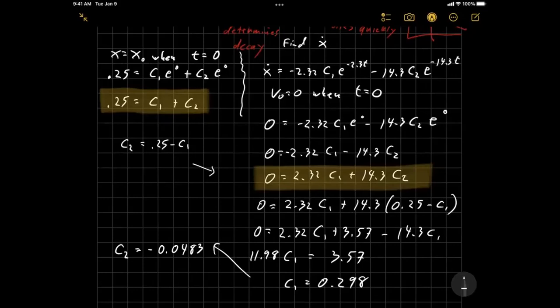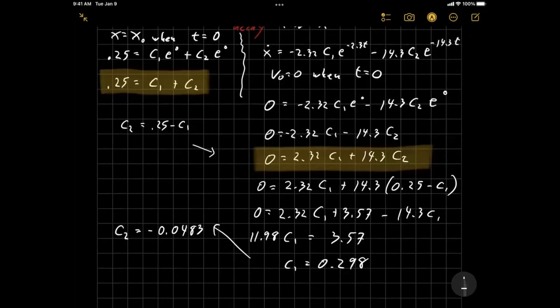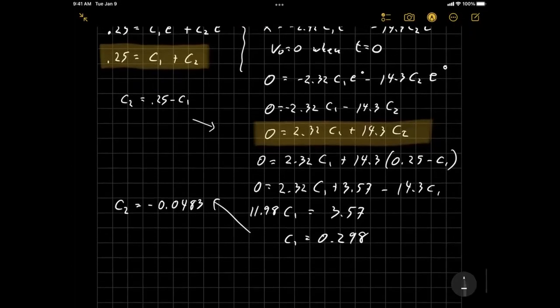That's nice because we now have the constants, and so we can write out the equation of motion.